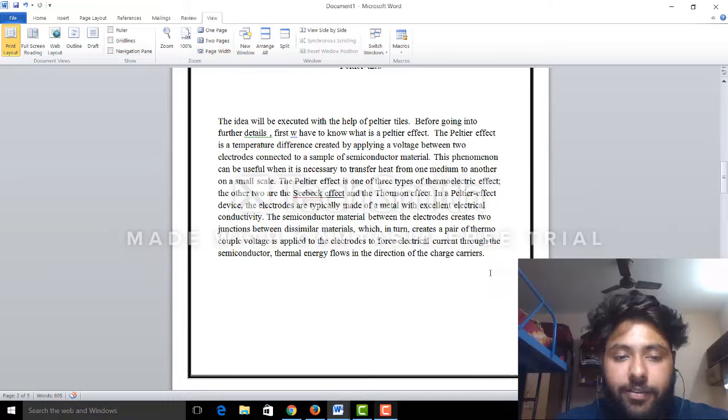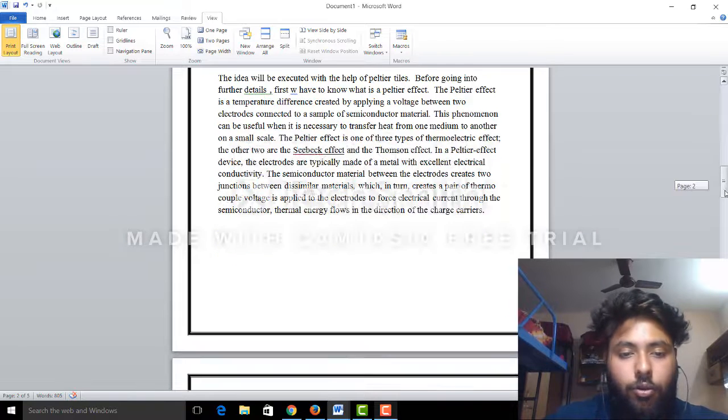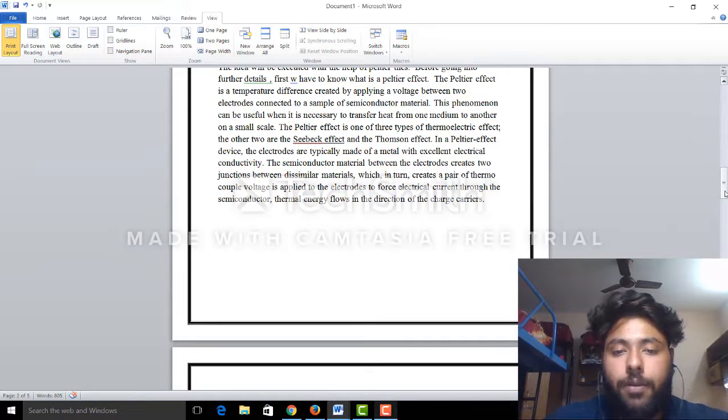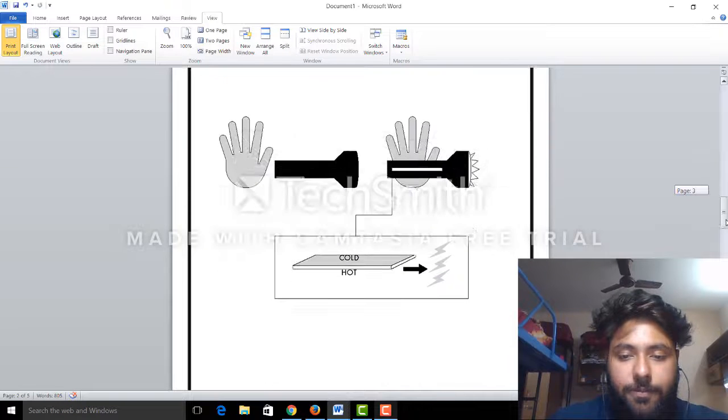In a Peltier effect device, the electrodes are typically made of a metal with excellent electrical conductivity. The semiconductor material between the electrodes creates two junctions between dissimilar materials, which in turn creates a pair of thermocouples, and voltage is applied to the electrodes to force electrical current through the semiconductor. Thermal energy flows in the direction of the charge carriers.